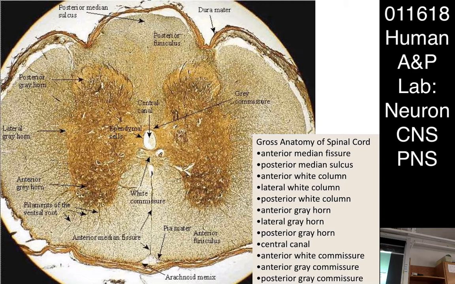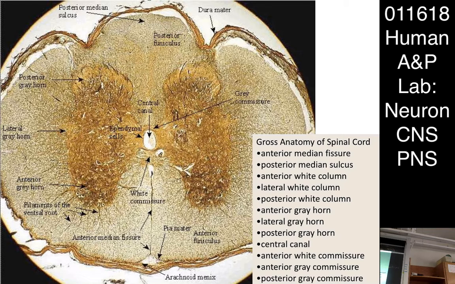The word commissure, C-O-M-M-I-S-S-U-R-E, is a place where decussation takes place. Let me write that word down. We'll talk about it in lecture. Decussation. For something to decuss, it's just going to go from the left to the right or the right to the left.